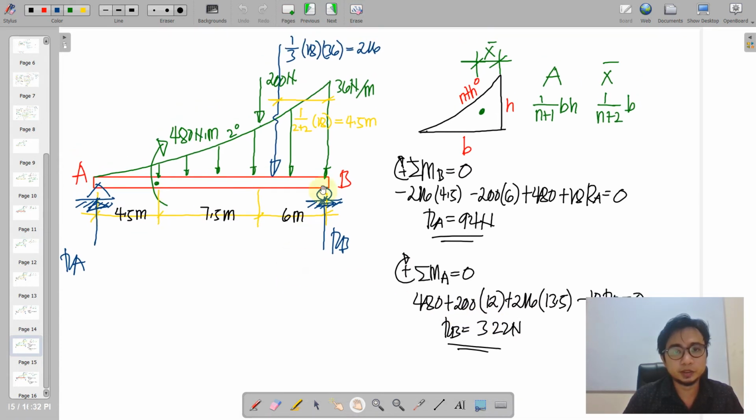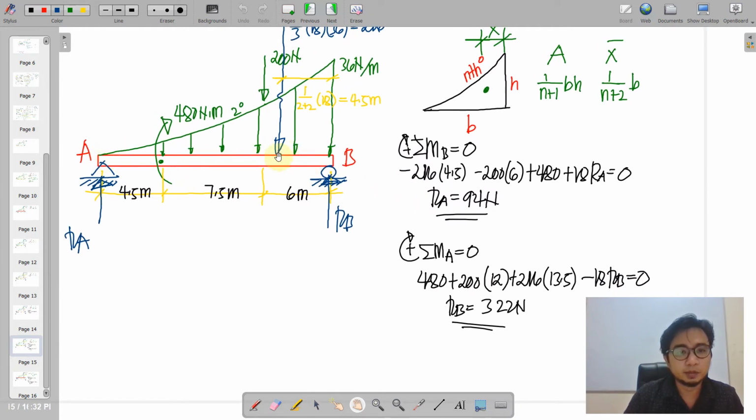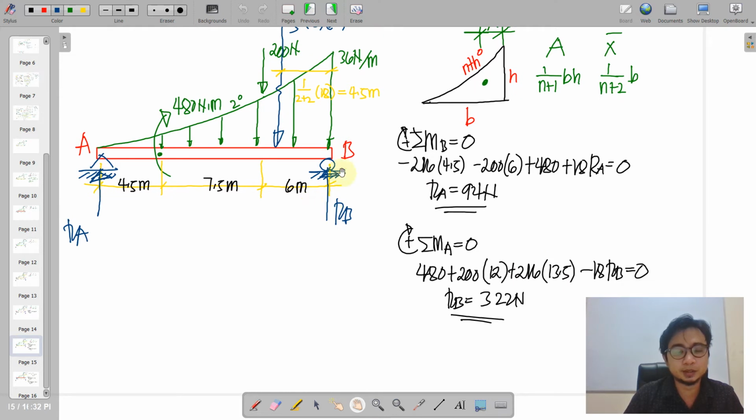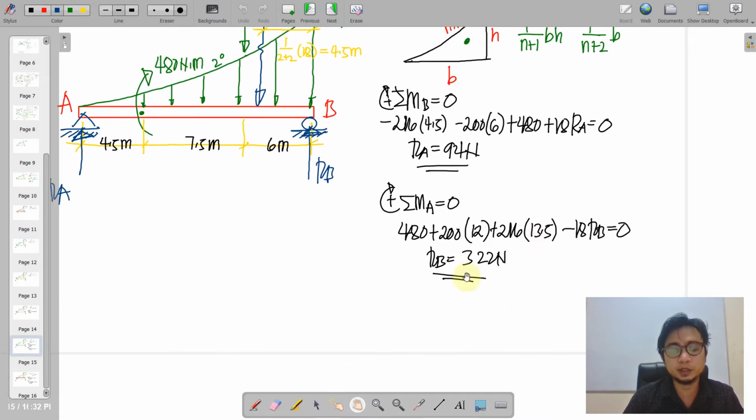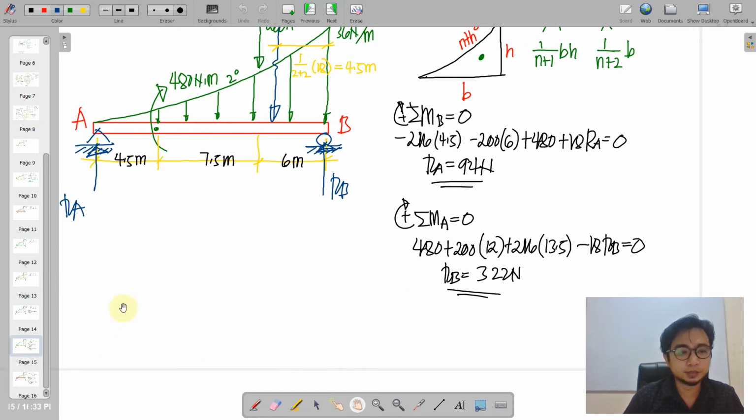And then of course this is 216 times the moment arm from A up to this point, which is 18 minus 4.5, that is 13.5. And then we less the counterclockwise RB times the moment arm 18. So we perform this equation and come up with RB of 322 Newton. Okay, so we check this.